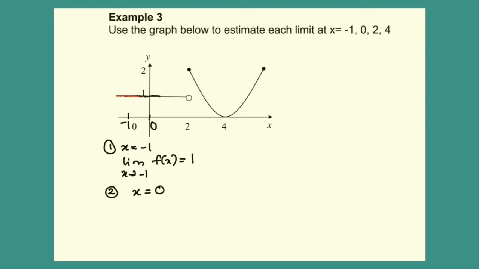When x approaches 0 from the left here, the value of y is 1. And then when x approaches 0 from the right here, the value of y is 1. Therefore, limit f(x) as x approaches 0 is equal to 1.